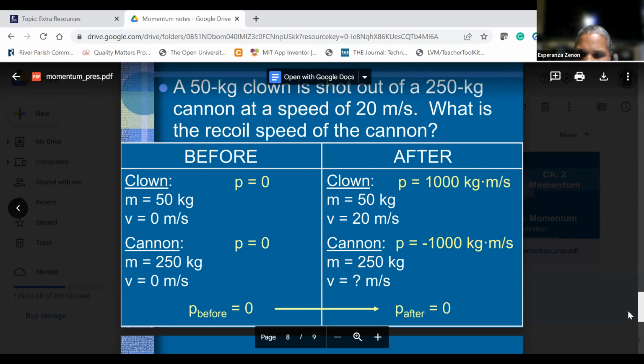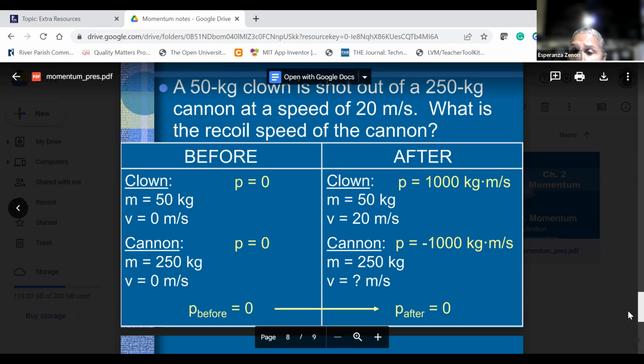Well, see, now we've got to do a little bit of thinking, because if the total momentum after has to be 0 and the clown has positive 1,000 kilogram meters per second, what's the only thing I can add to that to get 0? Negative 1,000 kilogram meters per second. So positive 1,000 plus negative 1,000 gives me 0.